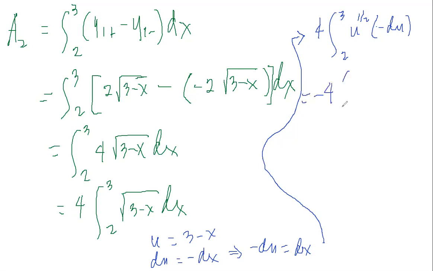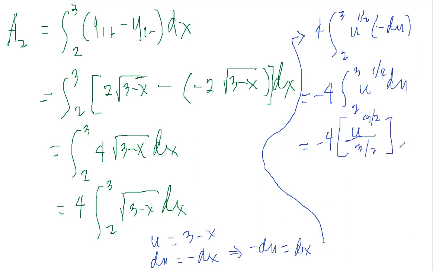So this becomes negative 4, the integral of u raised to 1/2 du from 2 to 3. Okay, so let's integrate. So negative 4, what's the integral of u raised to 1/2? That's u raised to 3 halves over 3 halves to be evaluated from 2 to 3. So here this becomes negative 8 over 3.